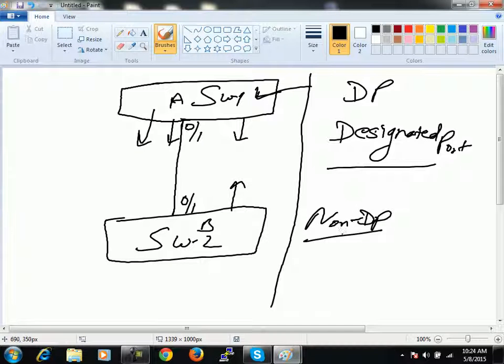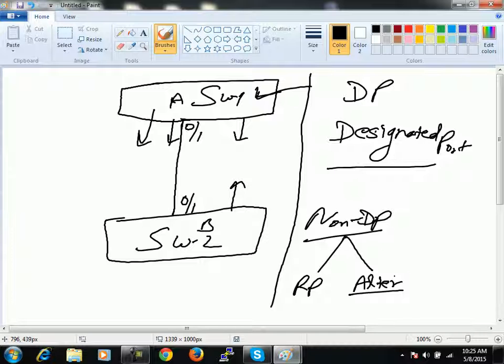If we talk about non-DP, remember that non-DP again has two types of interfaces. One is RP, the root port, which will always be in forwarding state, and one is alternate, which will always be in blocking state.